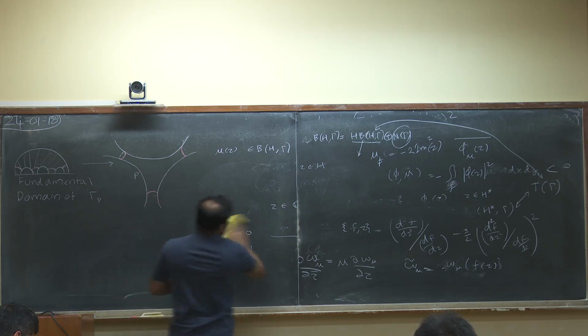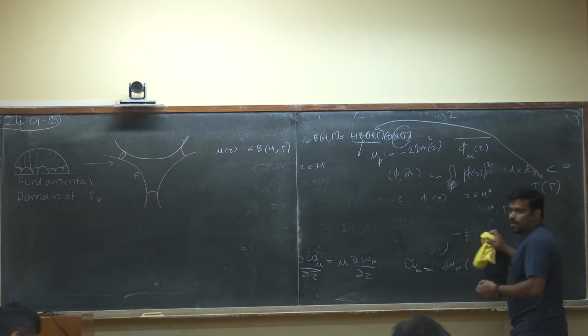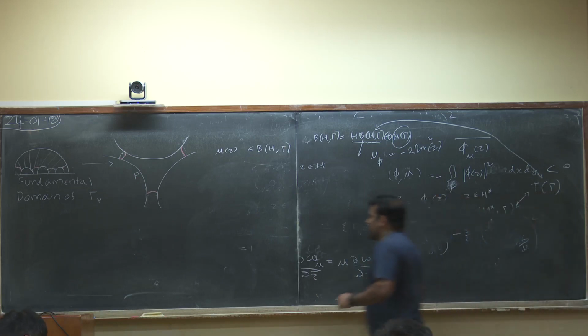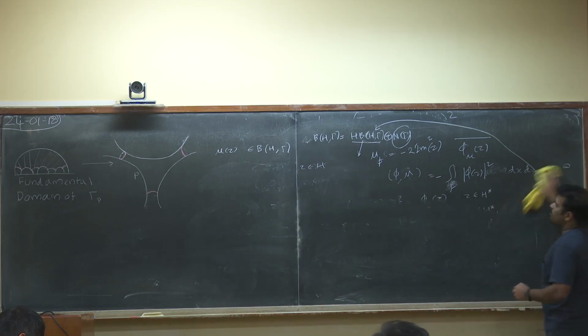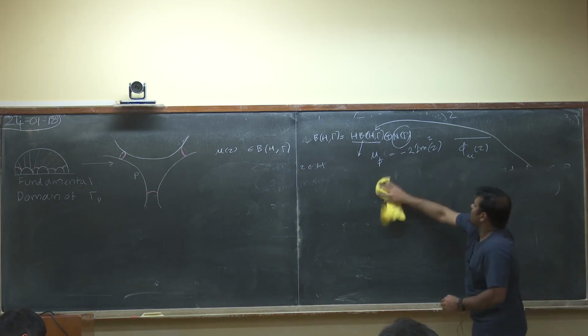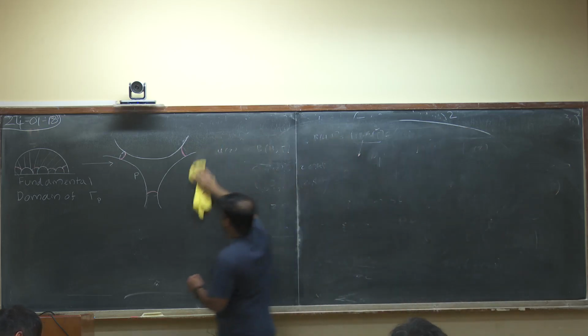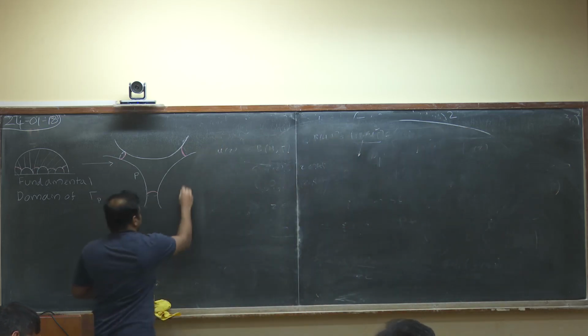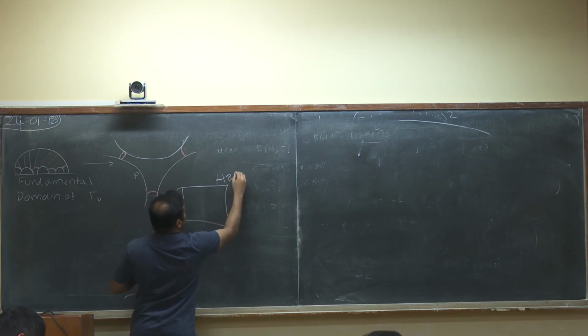So what I gained is that I constructed the Teichmuller space using harmonic Beltrami differentials. Now I will show you why I am interested in this. Let me consider a path in the space of harmonic Beltrami differentials.